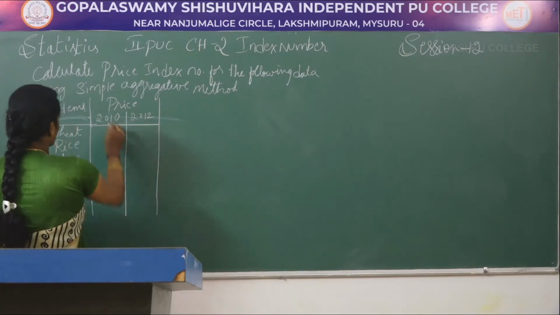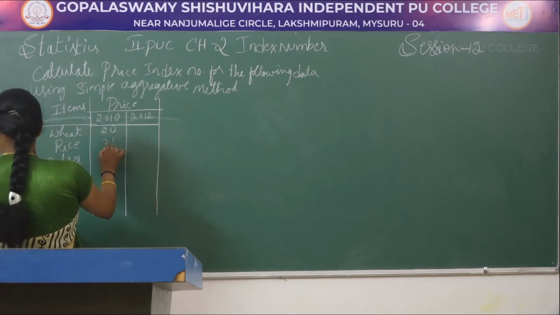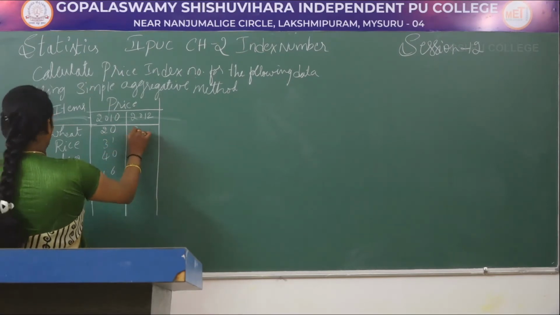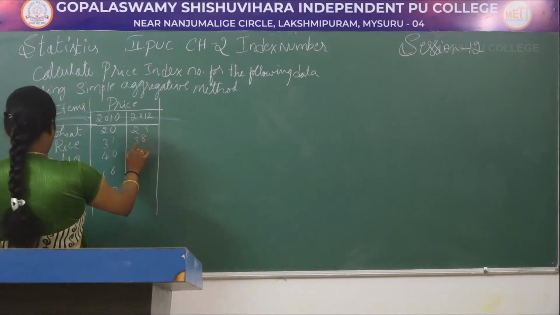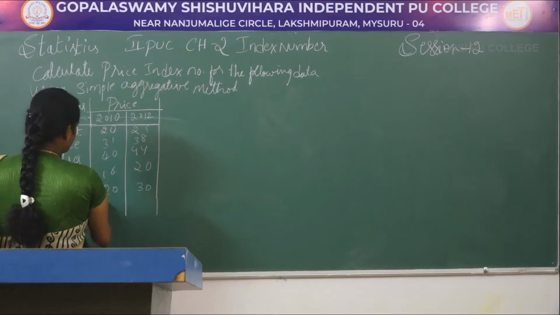Next, price under 2010, it is 20, 31, 40, 16, 20, 23, 38, 44, 20 and 30.